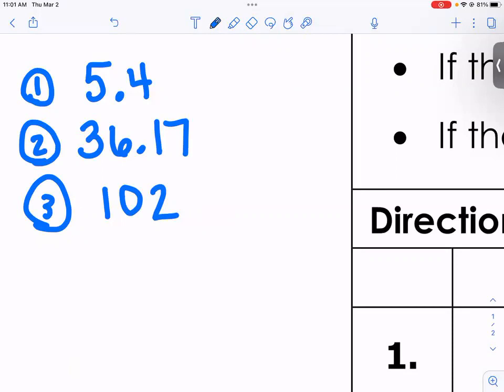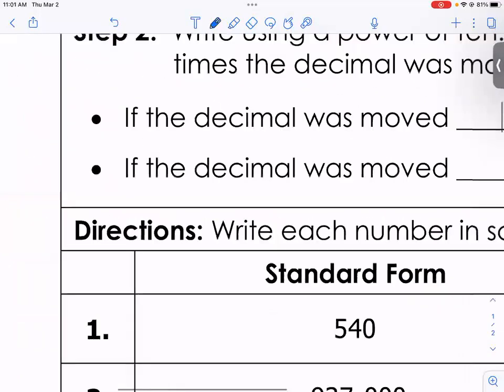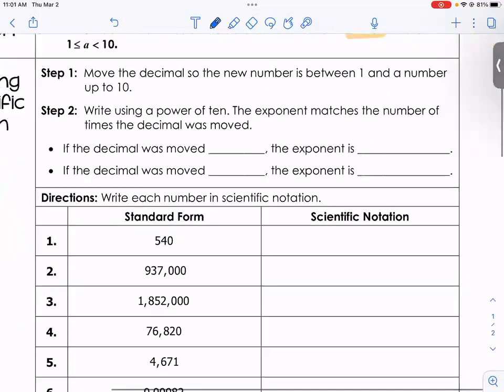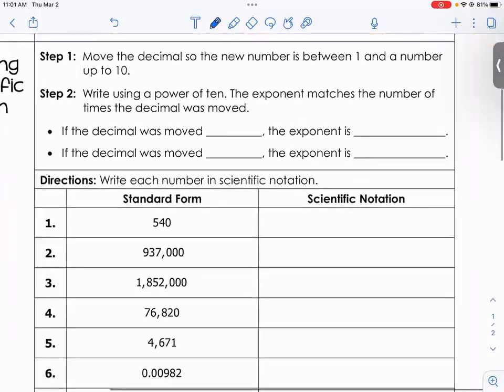Okay, cool. So this is what's going to happen. We are going to move the decimal either to the right or to the left so that our new number is between 1 and 10.